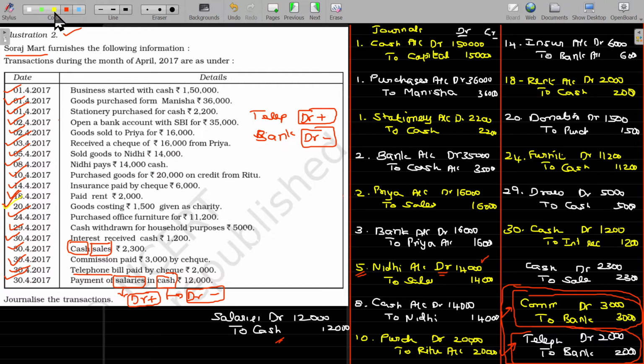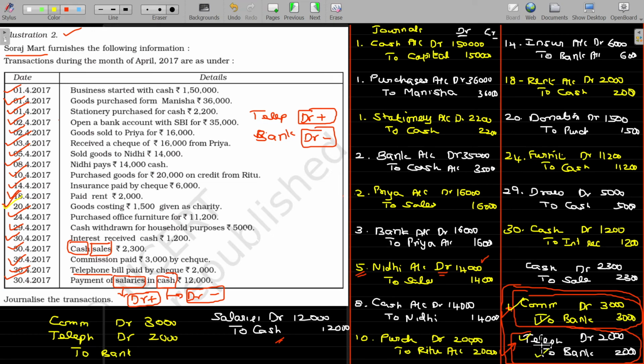How do I combine? See here, commission account debit side, I just put that value here, commission debit, the value being 3,000. And another one is telephone, also on the debit side, so telephone account debit, the value being 2,000 rupees. And on the credit side we have bank, so to bank we have 3,000 and another 2,000.